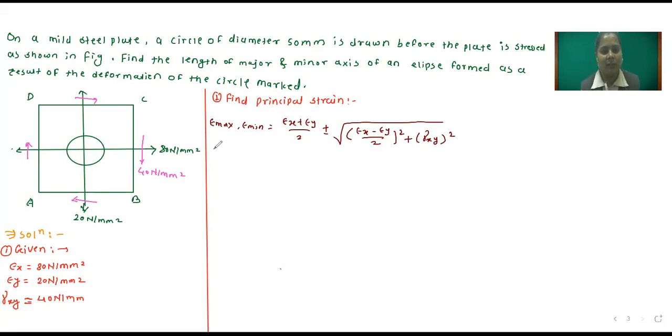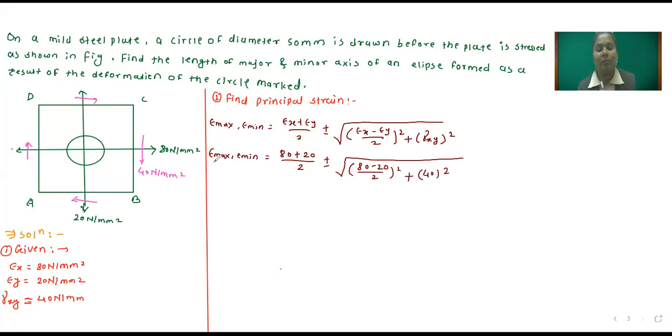Epsilon max, epsilon minimum is equal to (80 plus 20) divided by 2 plus minus square root of ((80 minus 20) divided by 2) bracket square plus shear strain 40 square. First we will find maximum principal strain. So use the plus sign and tell me what is the value of maximum principal strain.